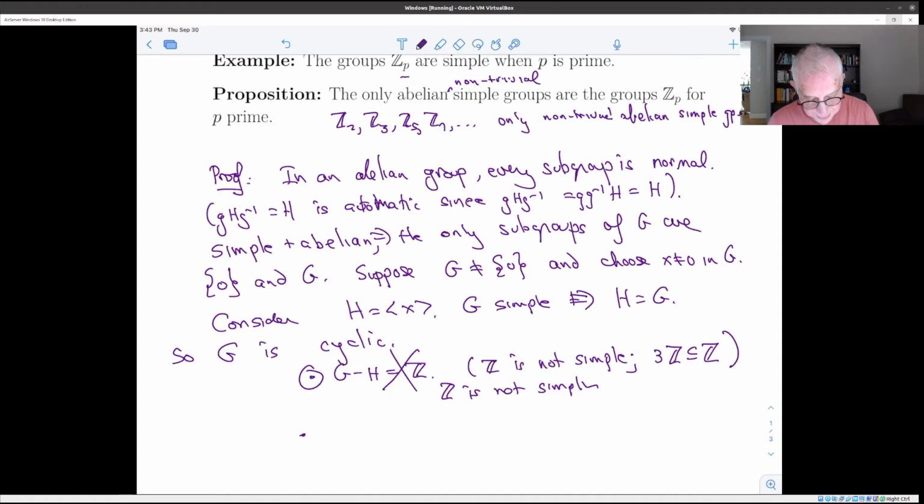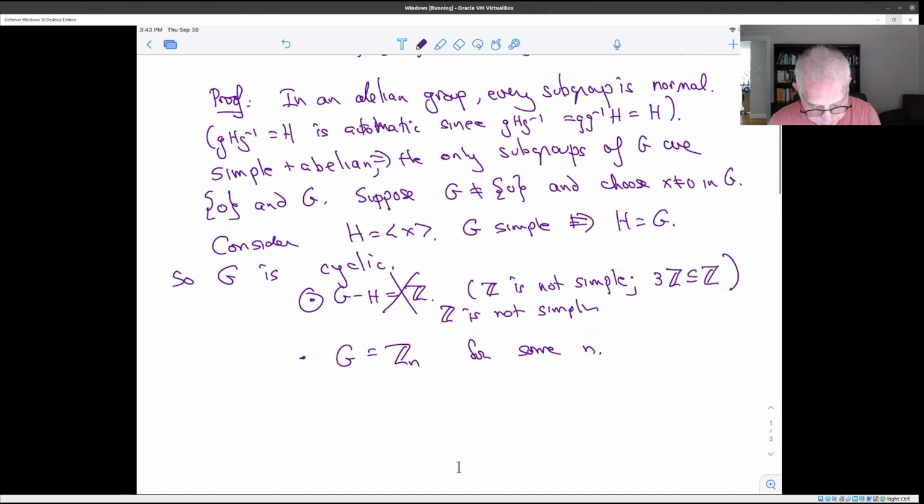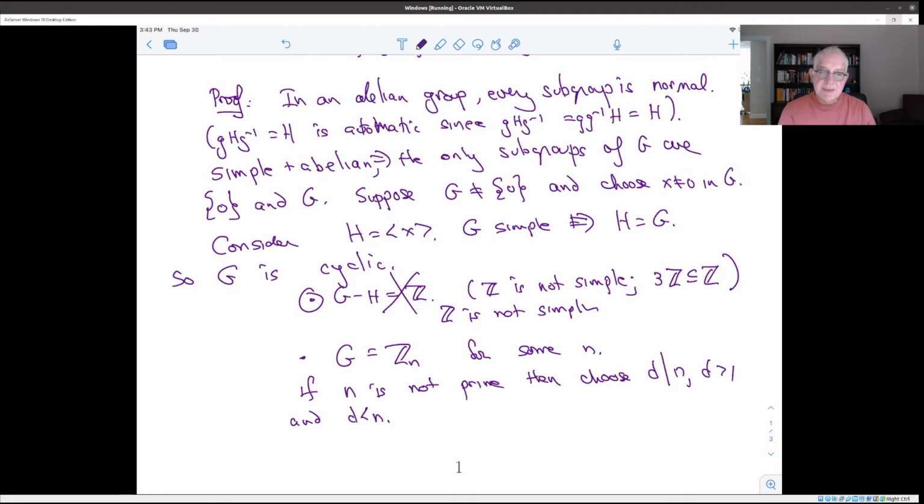The other cyclic groups are G equals Z mod N for some N. Well, if N is not prime, then choose a divisor D which is bigger than 1 and smaller than N. That's what it means to not be prime. It means that you have a proper divisor.